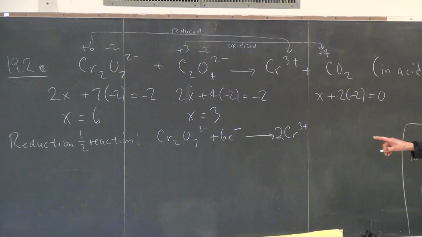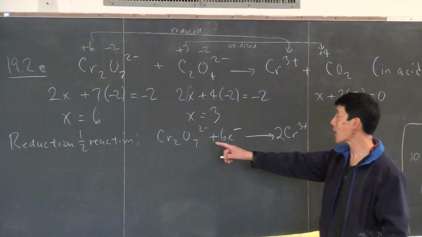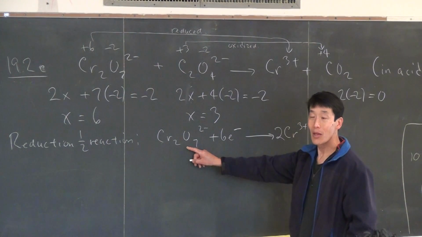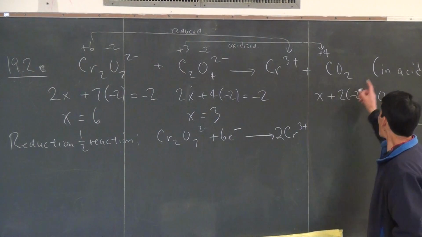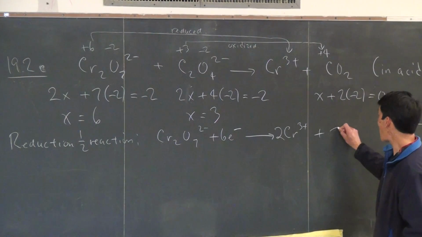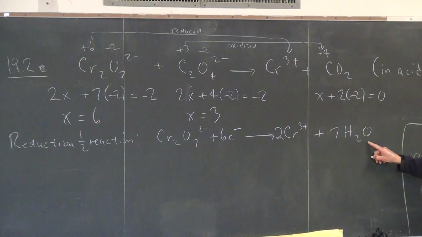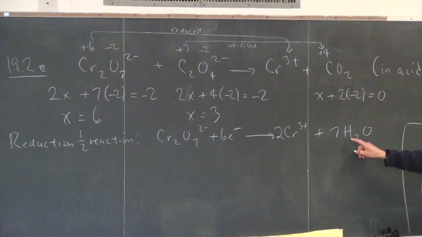Now note that this equation is still not balanced because we have 7 oxygens on the reactant side and 0 on the product side. One way to balance that in solution is to just add water. So we'll add 7H2O. Now we have 7 oxygens on each side of the equation. When we want to balance the oxygen, just add water. But now we've got too many H's.